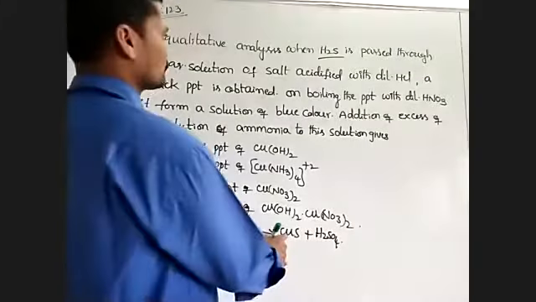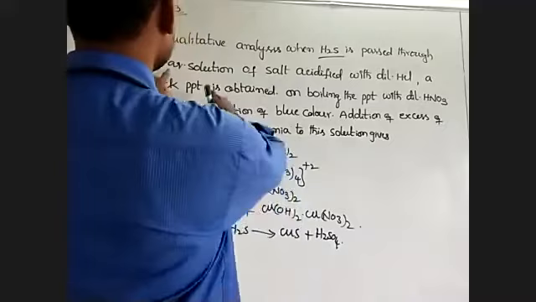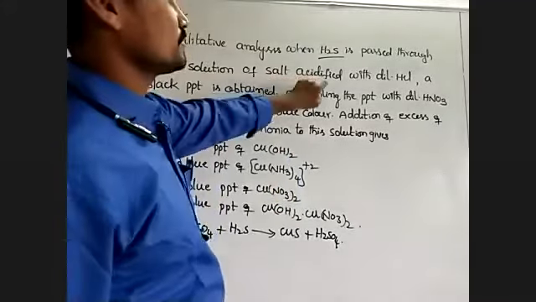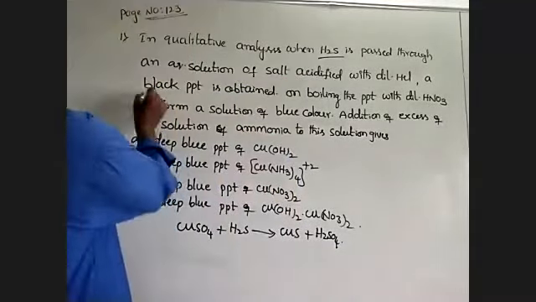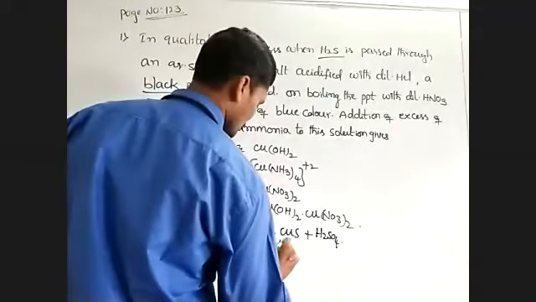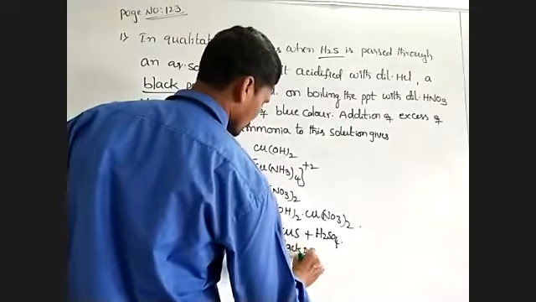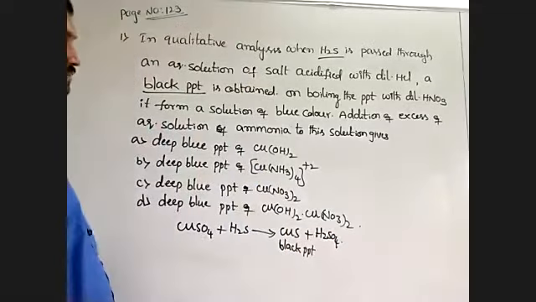So an aqueous solution of salt acidified with dilute HCl gives a black precipitate. Cupric sulfide is a black precipitate.